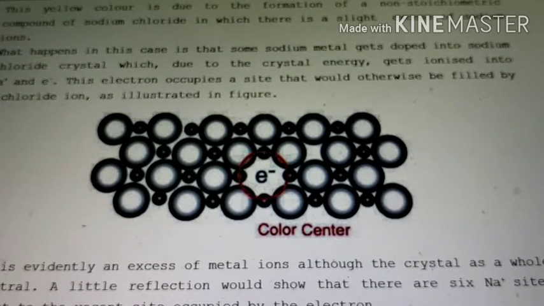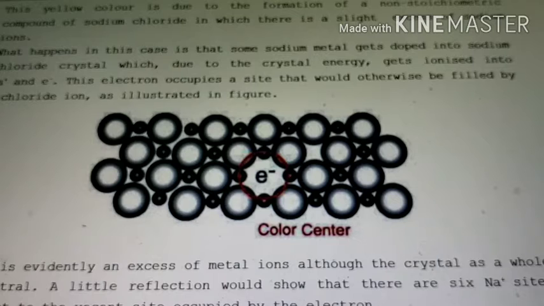Whenever an atom is not there in a particular place, then it is a non-stoichiometric compound.